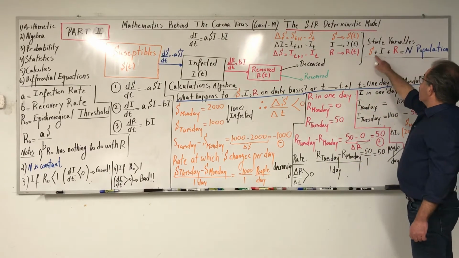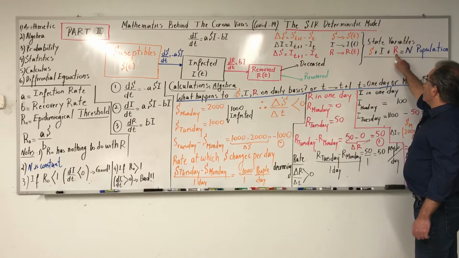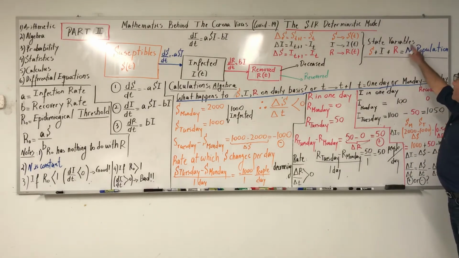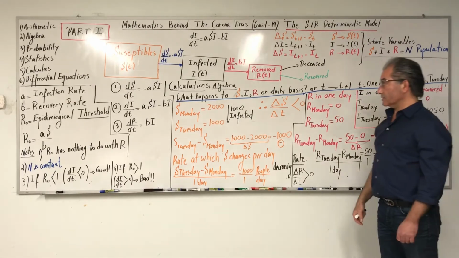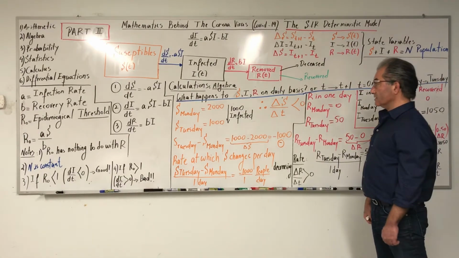Not to forget, if it's a city, S plus I plus R, susceptibles plus infected plus recovered people, represents the population of that city or the world. So you can make it simpler and just talk about a city.